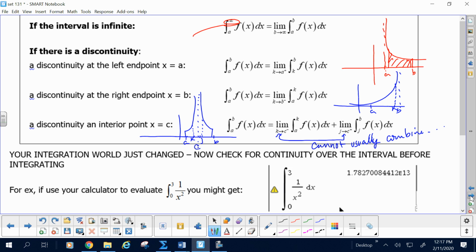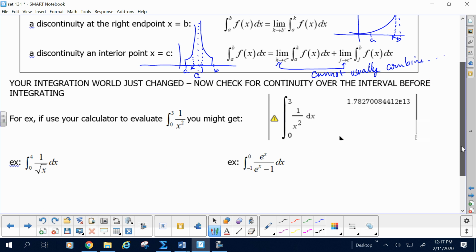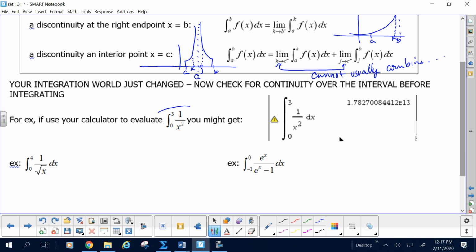Yep. So now you need to first and foremost say Calc 1 or Calc 2, continuous or not. If you mindlessly crank out this, for example, without checking, hey, that's discontinuous at 0, this is from experience, you might just say, hey, is calculator active?